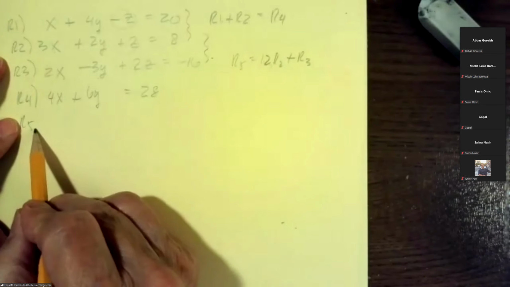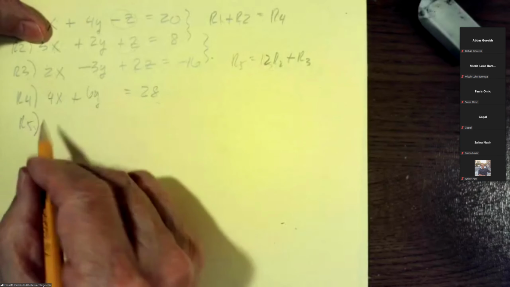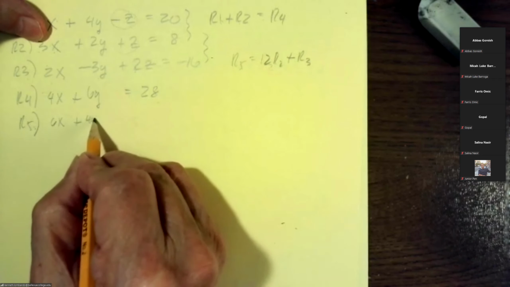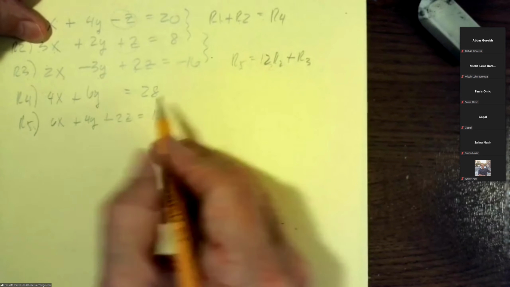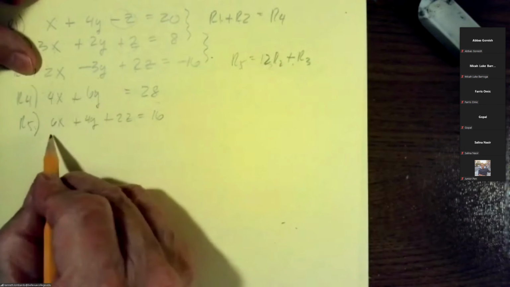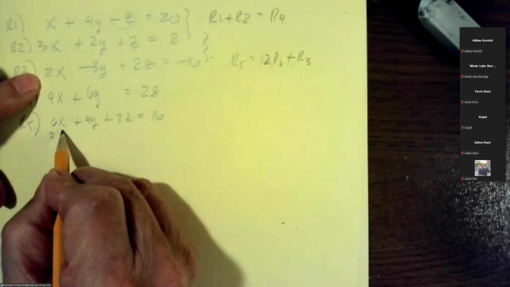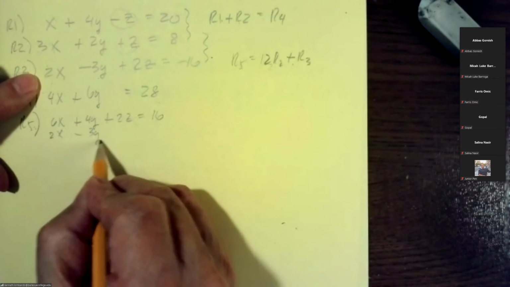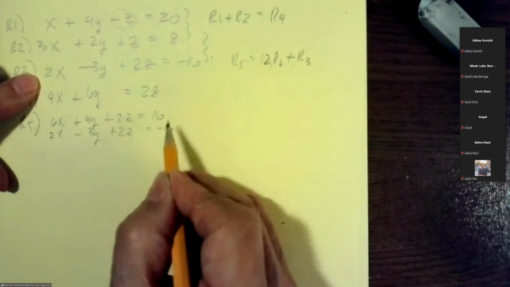We're going to get a new row 5. I'm going to say 2 row 2. So 2 row 2 gives me 6x plus 4y plus 2z equals 16. And we're going to add it to row 3. Row 3 says 2x minus 3y plus 2z equals negative 16.